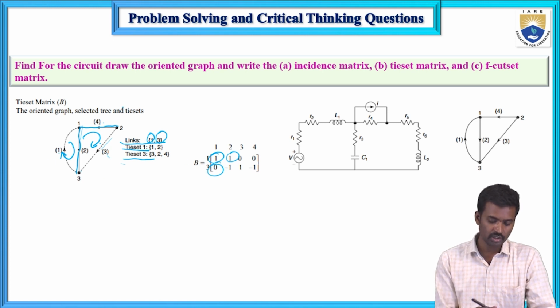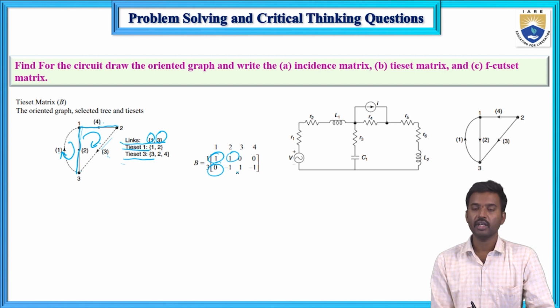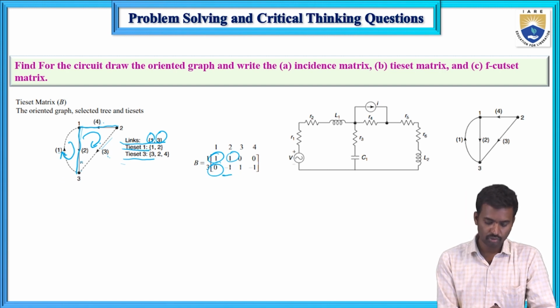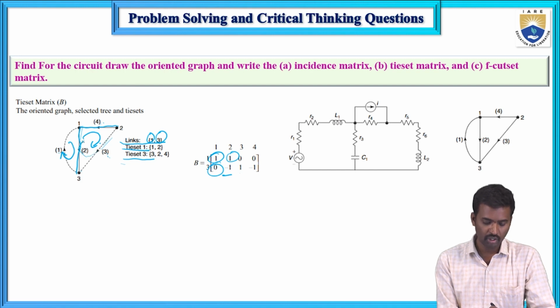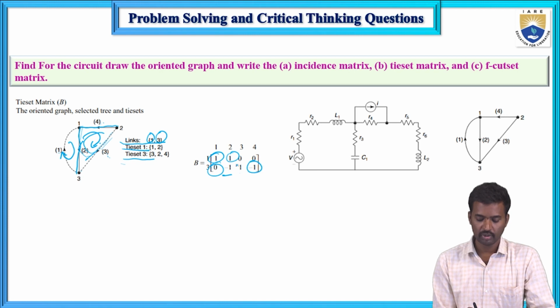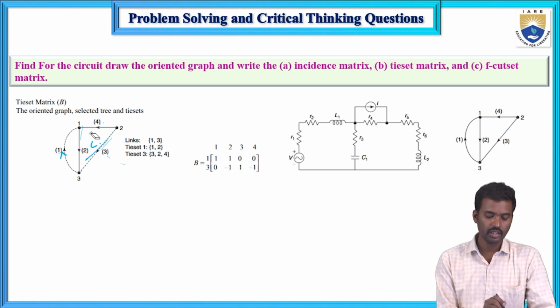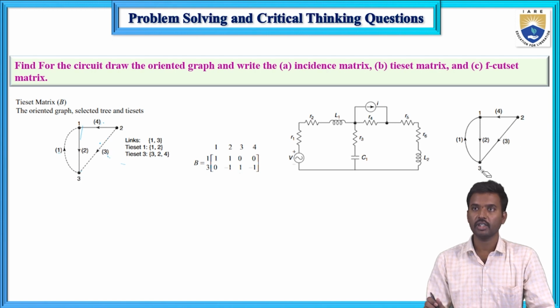So this direction should be here -1, so second is -1 and third is same direction and fourth is -1. So observe this. So this is the tie set matrix for this particular graph.